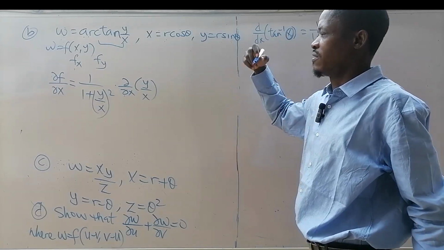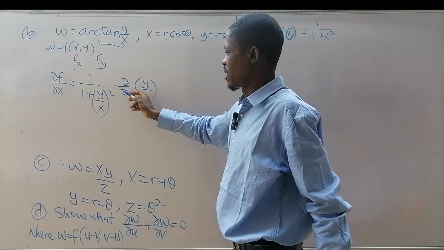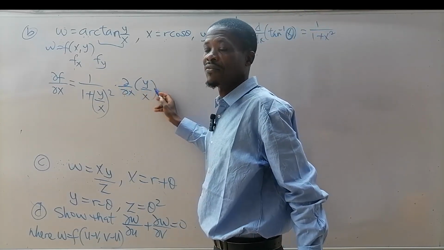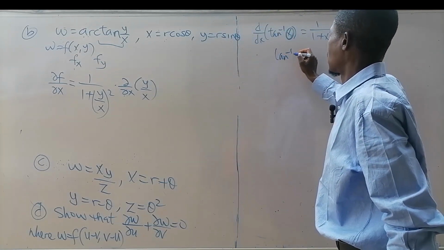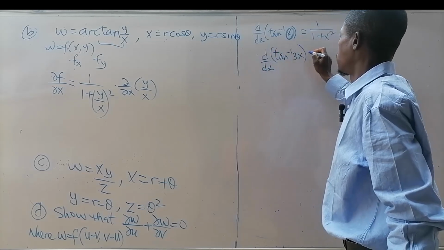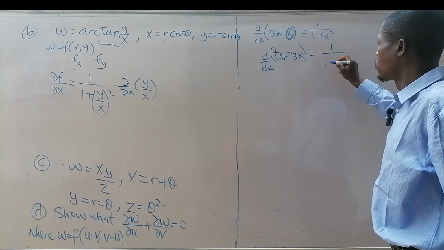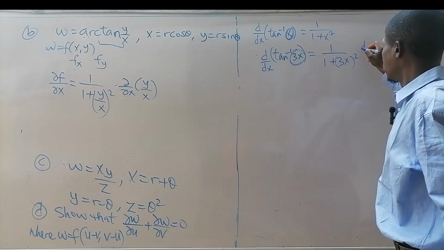But in this case, it involves a chain rule, and that's why we said times the partial derivative of that inner function. If this were arctan(3x), for example, the derivative is very simple: 1 over 1 plus the inner function squared, times d/dx.